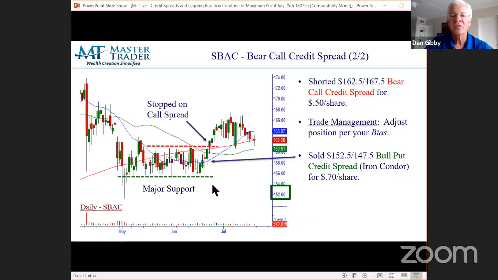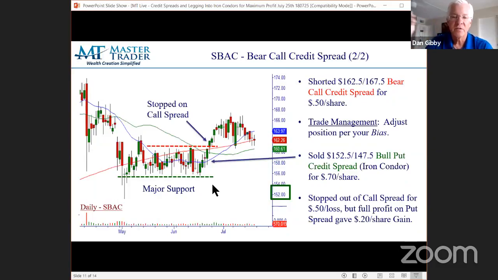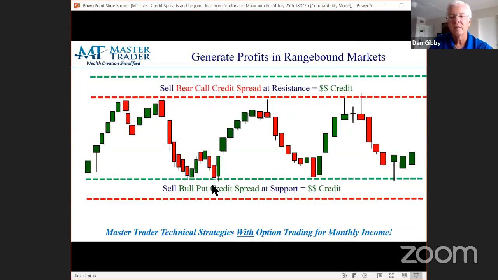Took in another $700. We stopped out on our call spread, just keeping the put spread. So we actually lost 50 cents a share on the call spread, but we made full profit of the $700 on the put spread. So by legging into this iron condor, we converted a losing trade into a winning trade.